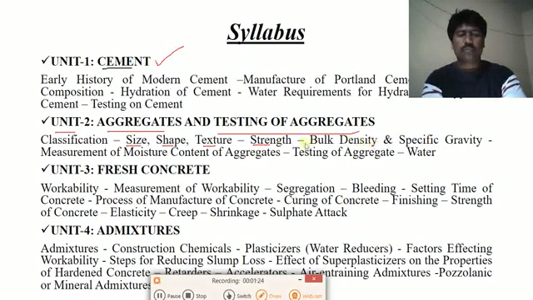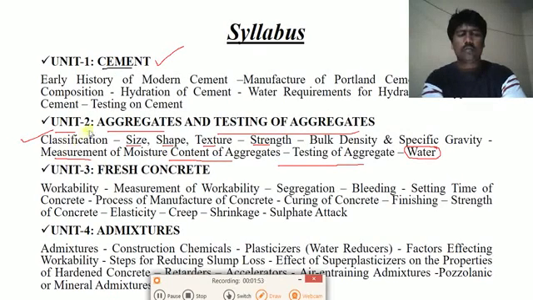Once you complete this classification in video lecture 1 of unit 2, we'll move to video lecture 2 of unit 2, that is measurement of moisture content of aggregates and testing of aggregates, and also we will see about the water in concrete.